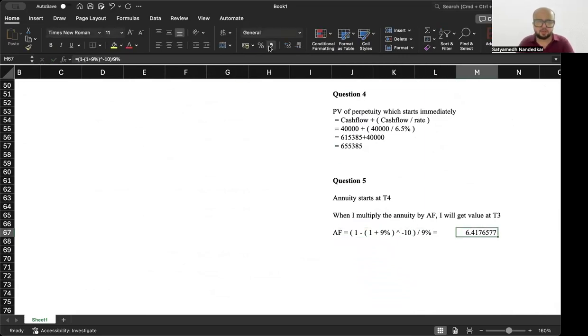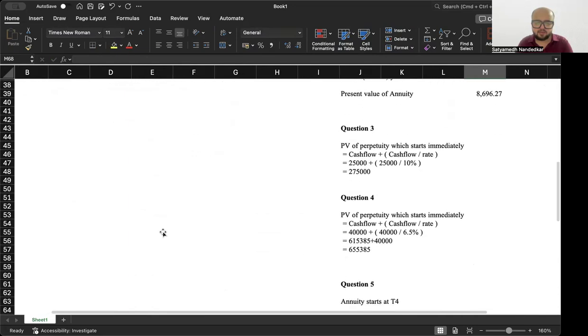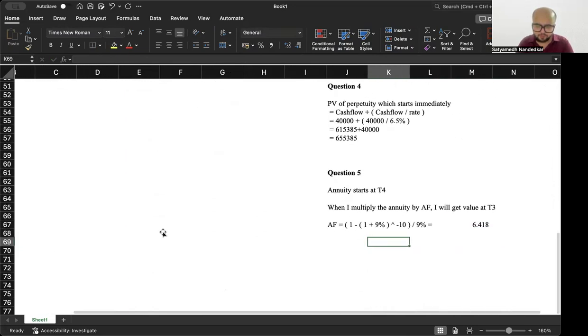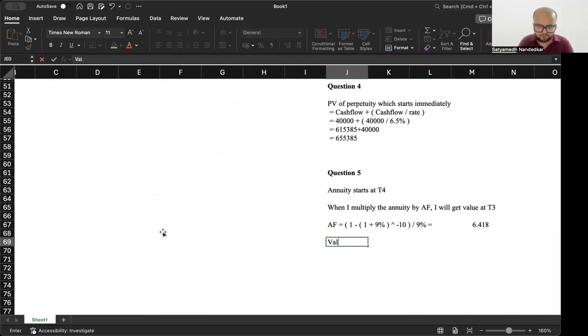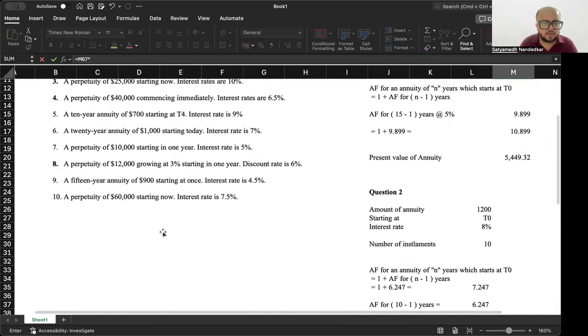6.418. What's the amount of annuity? The amount of annuity is 700. So what is value at T3? 6.418 into, I forgot the amount, 700.